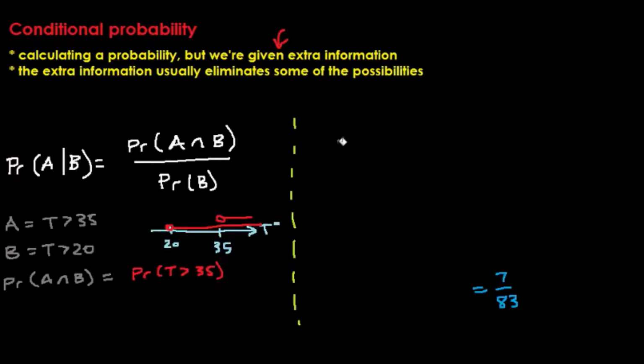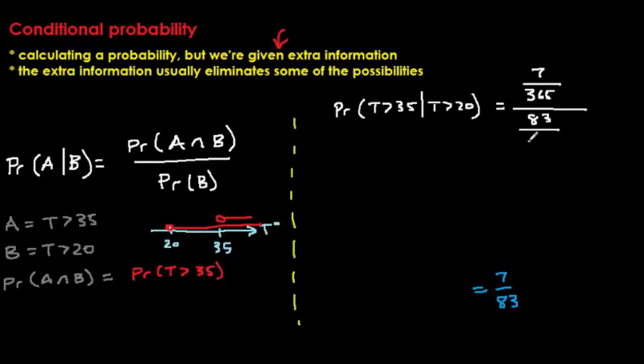So I would say my probability that the temperature is above 35 given the temperature is above 20 is, given the information we had before, the probability the temperature is above 35 is 7 days out of 365, over the probability the temperature was over 20, we had 83 days over 365.